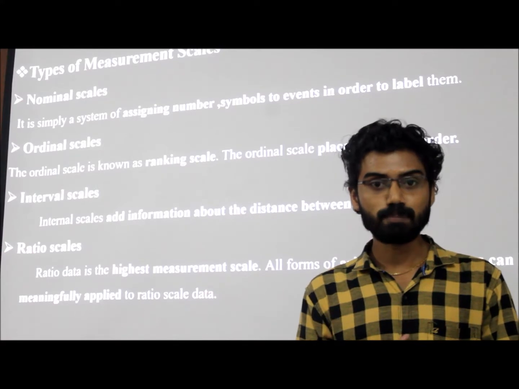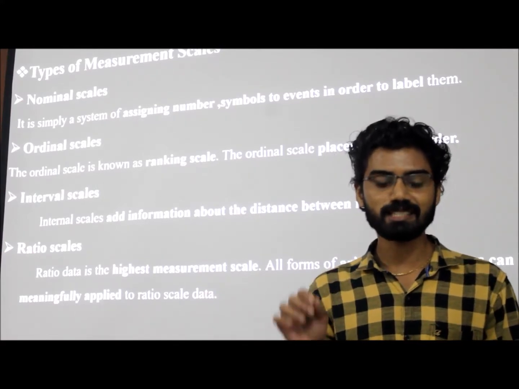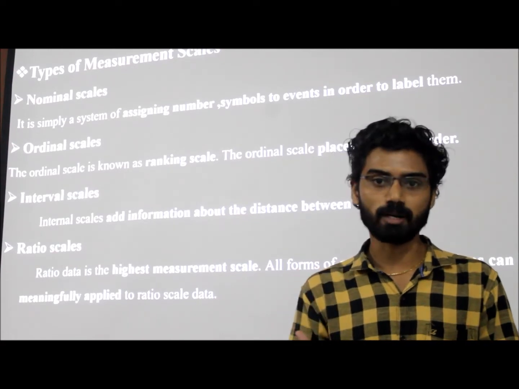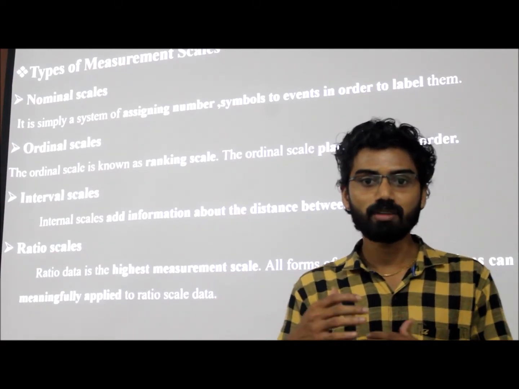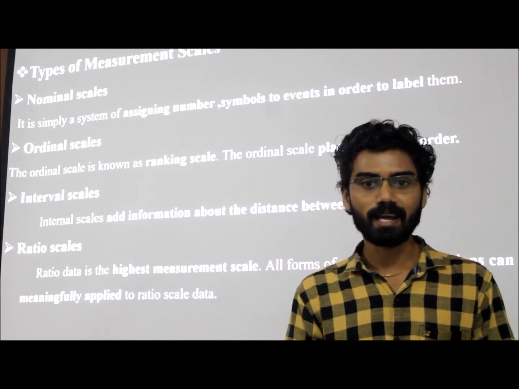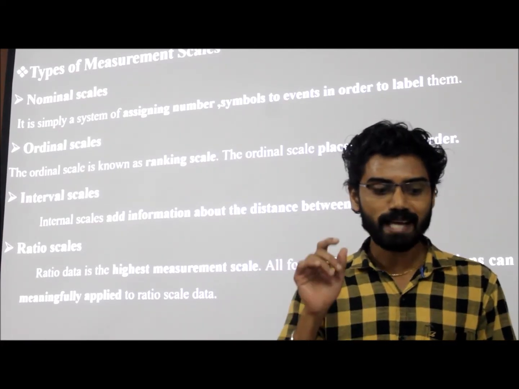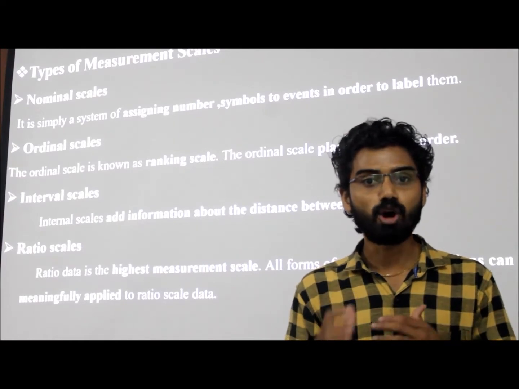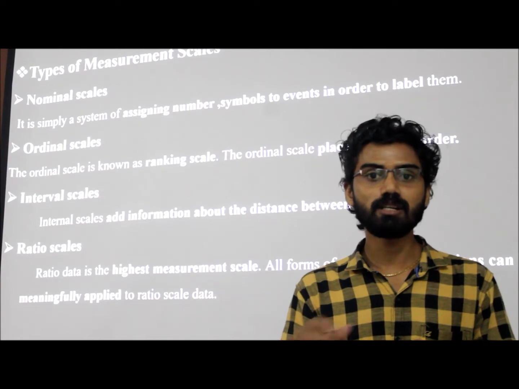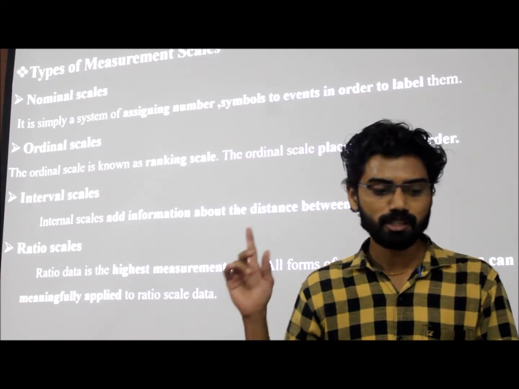It is simply a system of assigning numbers or symbols to events in order to label them. Suppose, for example, if players are playing football, we can label each particular player in order to identify them. That type of scale can be called a nominal scale. So nominal scales help to identify the person through labeling. That is the nominal scale.